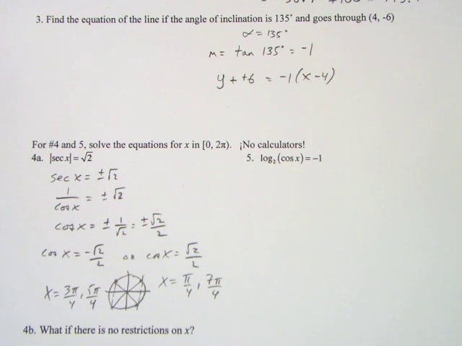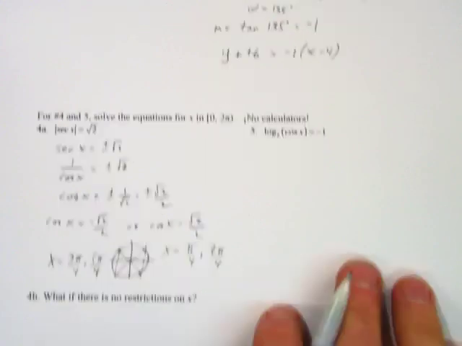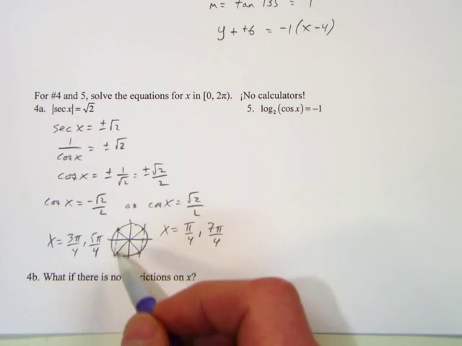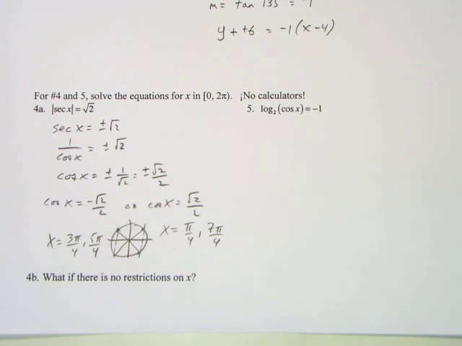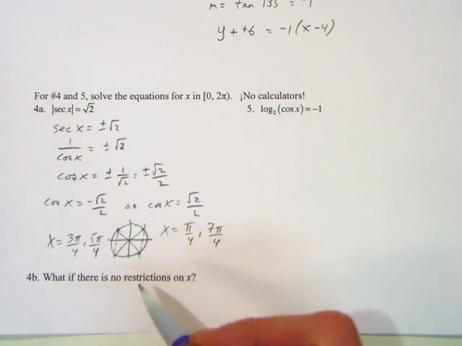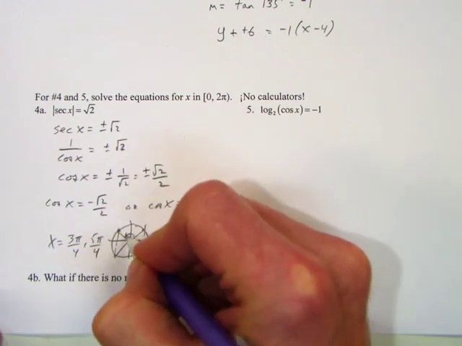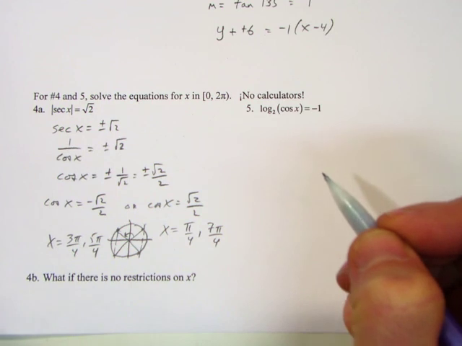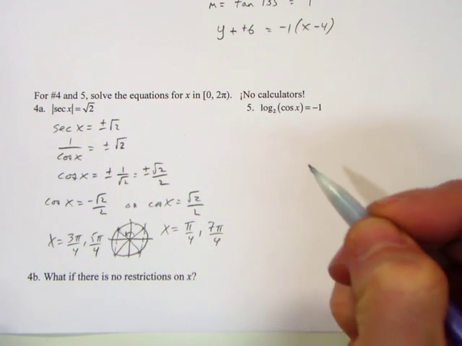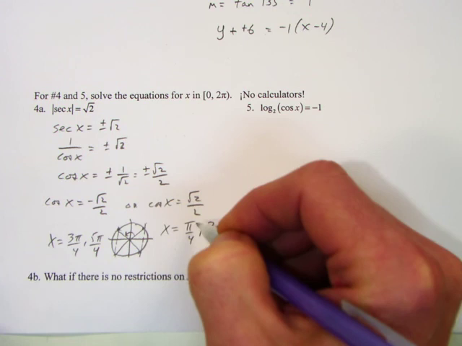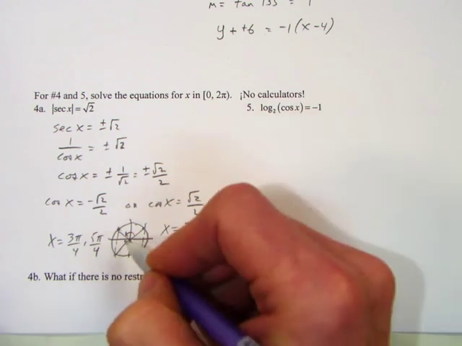Now, what if there's no restriction on x? That would say that it's all four of these, plus 2 pi n for each one of them. Now, that's good, and we could write that, but that's a lot of writing. What do you notice about the difference here? It might be easier for you to see if it is in degree mode. From pi over 4 to 3 pi over 4 is 2 pi over 4.